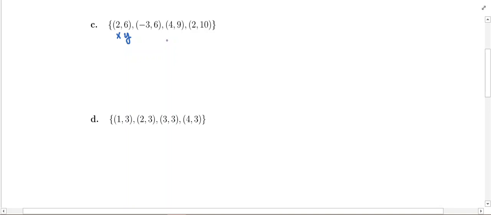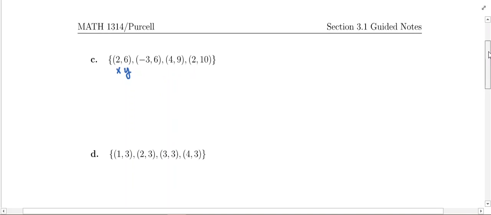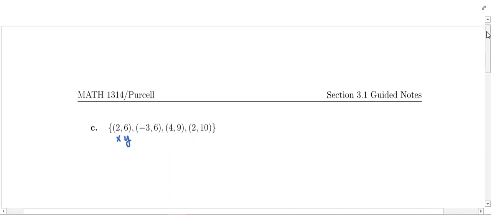is the point 2, 6, meaning if I'm going to go ahead and plot these points for you. You don't have to do that to determine whether or not this is a function, but I want you to be able to understand what you have been given. So if you plotted these points, we've done some graphing already in this class.